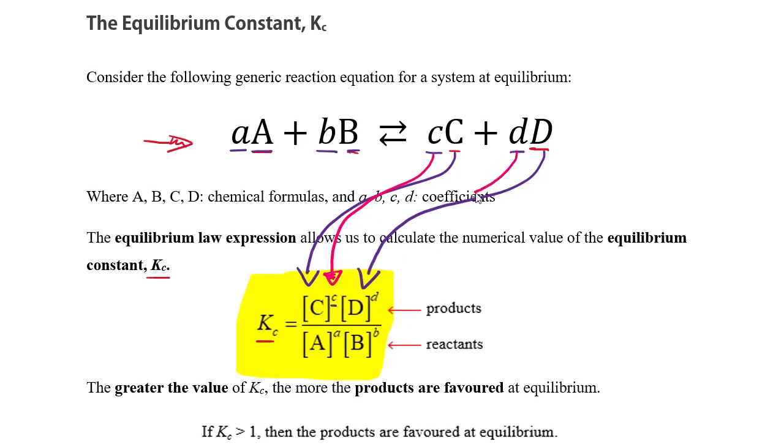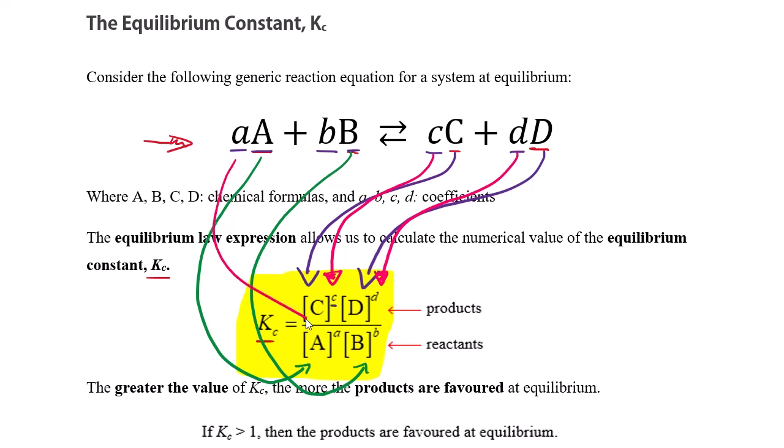Same thing with this product here. And then I'm going to divide this by the same thing for my reactants. So my concentrations of reactant A and reactant B are taken to the power of their coefficients.